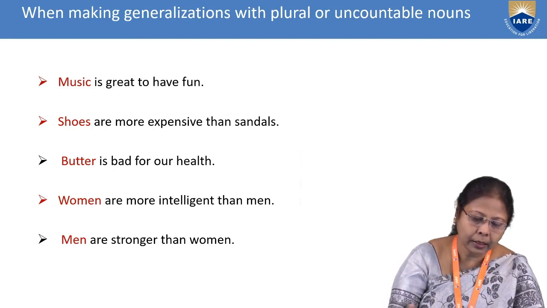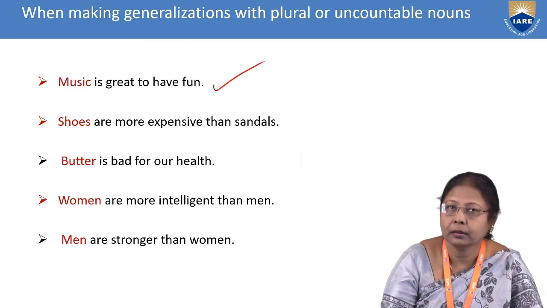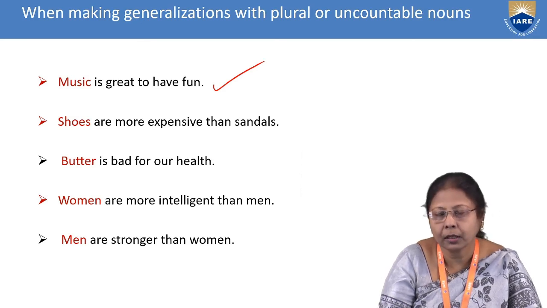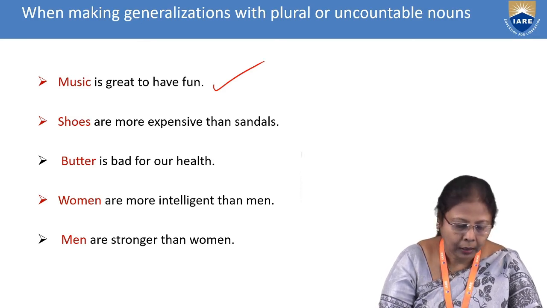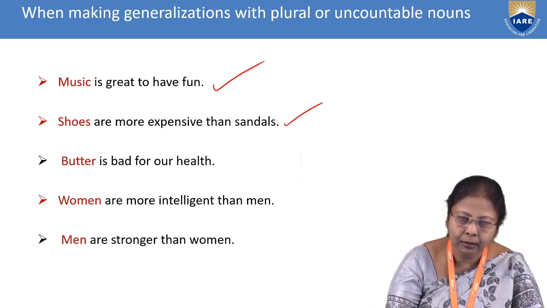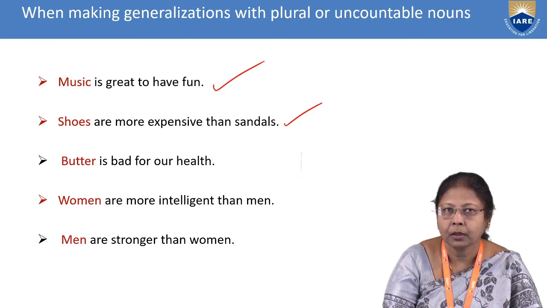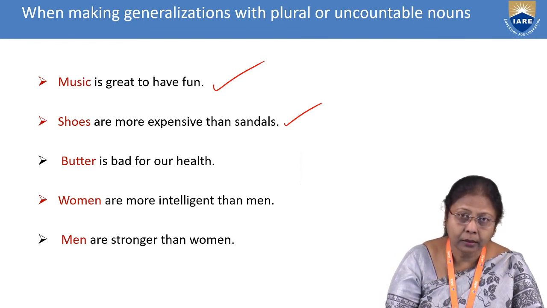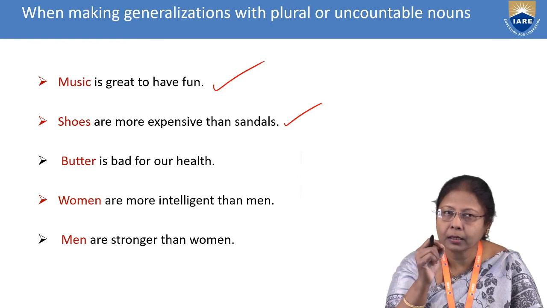Music is great to have fun. Music, uncountable. Uncountable, which comes under plural also. The next one is shoes are more expensive than sandals. Shoes, plural. Plural, we cannot go with the definite article "the". Butter. How many particles are there in butter?